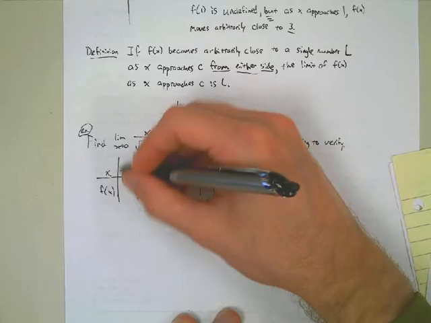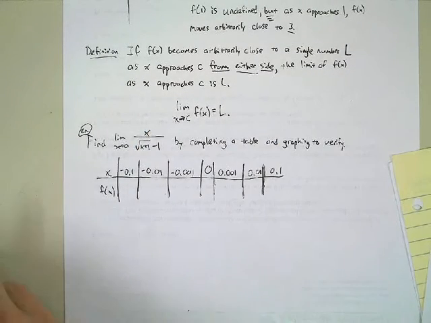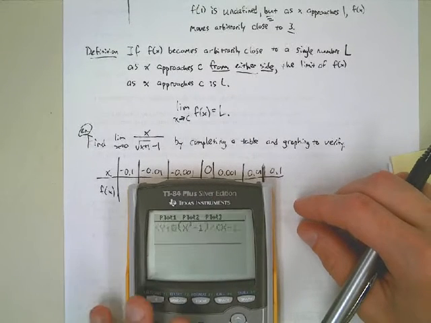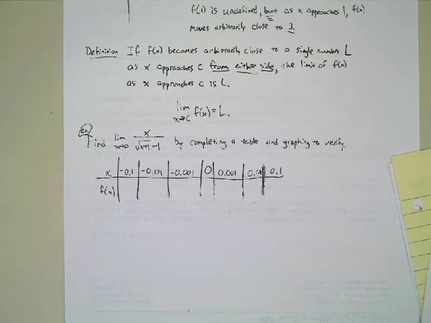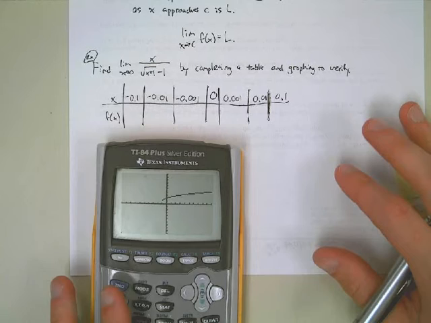Now we can go to our calculators. All right, let's type this in. You guys type it in, and then I'll see if your graph matches mine. There's what my graph looks like using the standard viewing window of Zoom 6.